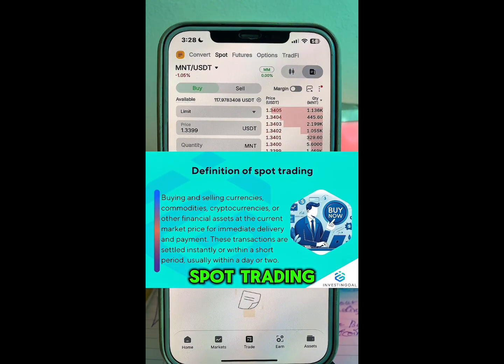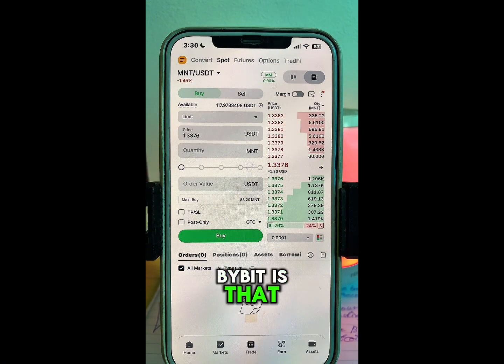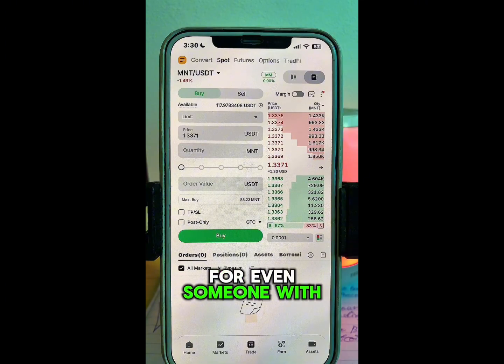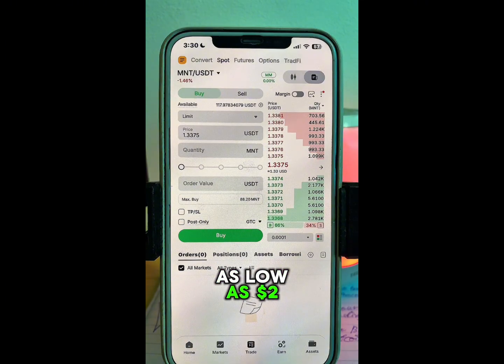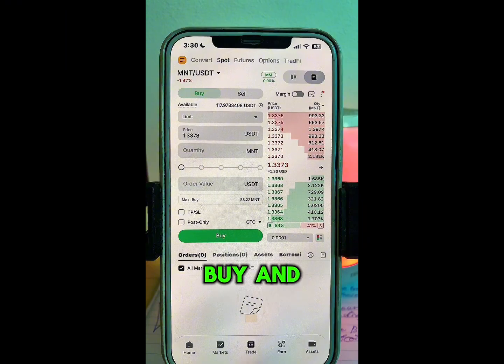Spot trading is the act of buying an asset at a price and selling at a higher price. What I love about Bybit is that they made it very easy and simple for even someone with as low as $2 to be able to buy and sell, or trade, crypto.